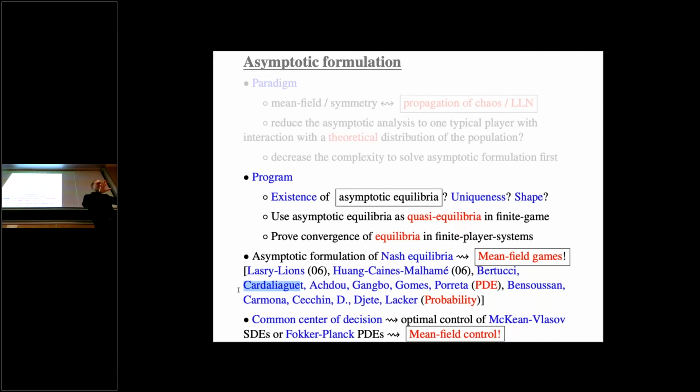So you can find what the topics are in his lectures at the Collège de France, in the nice survey written by Cardaliaguet. And once again, this appeared in 2021 in a Springer booklet. So this one is a very good entry to the theory.